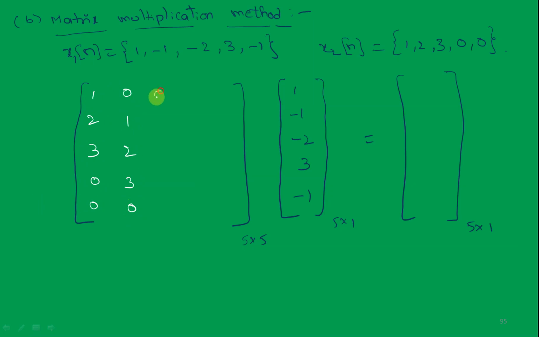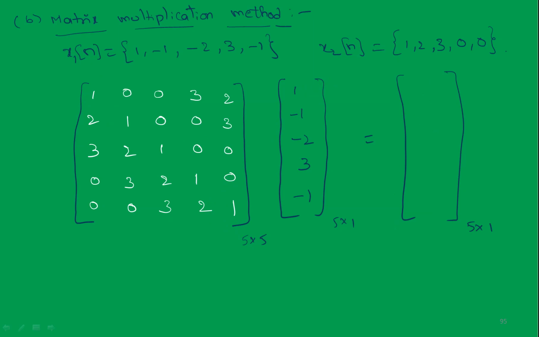Now 0, next one 0, 1, 2, 3, next again 3, 0, 0, 1, 2, next again 2, 3, 0, 0, 1. Okay, right? So see here where we start, we just end with that value. So now do the multiplication and then you can get the answer.